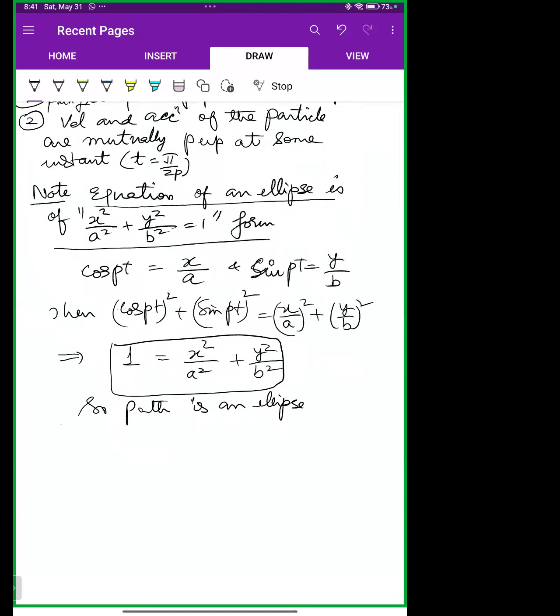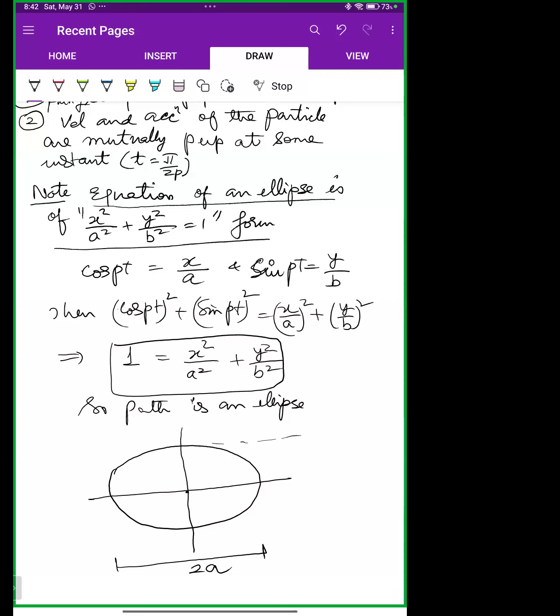Ellipse is like this. It shows like this. You will study ellipse in detail in your mathematics subject. This is 2a and this is 2b.